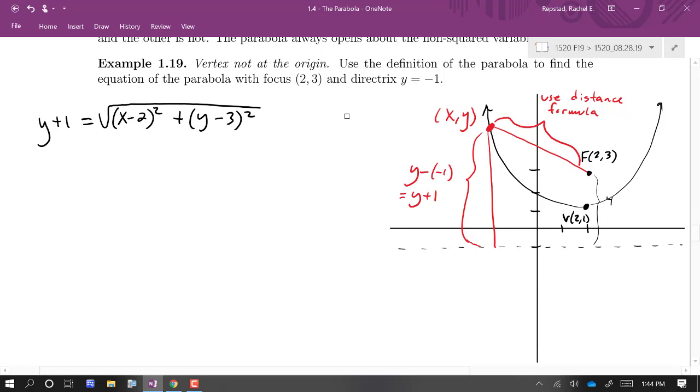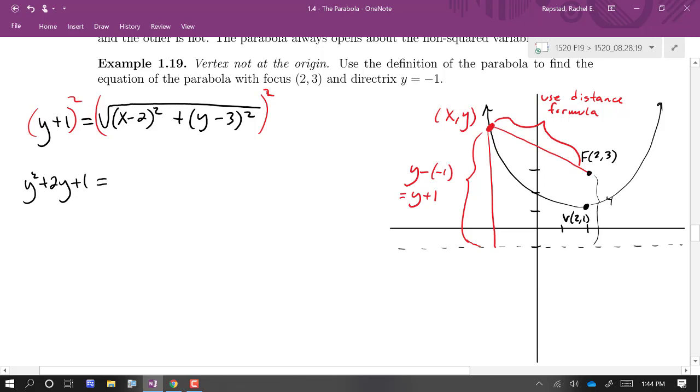So this equation absolutely represents that parabola. Maybe we can make it look a little bit nicer. We can do the same thing we did when we were deriving that equation in the beginning. We'll square both sides. So y squared plus 2y plus 1. Over here, we're squaring that square root, so those go away.